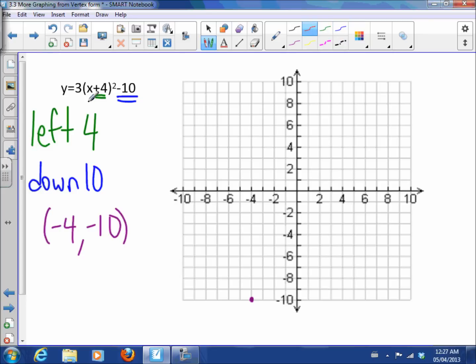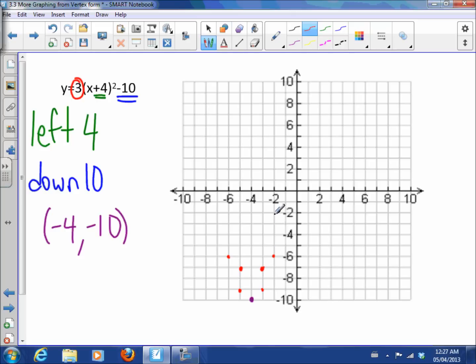Now, the step pattern, there is no negative, so it's going to be going up, but the a value is 3. So remember, normally you would go over 1, up 1, over 2, up 4, but now, because of our step pattern, we're actually going to triple those steps. So over 1, up 3 instead of 1. Over 1, up 3. And then over 2, up instead of 4, we're going to multiply that by 3.